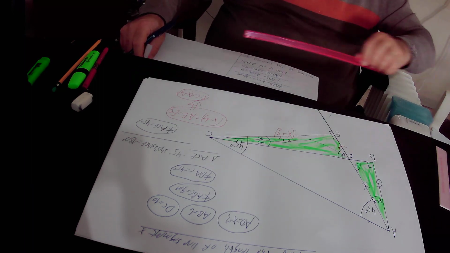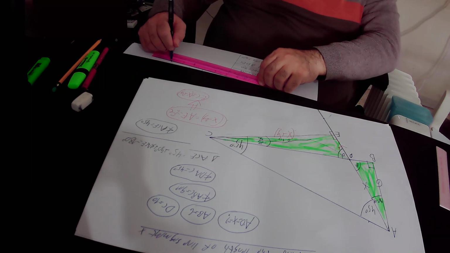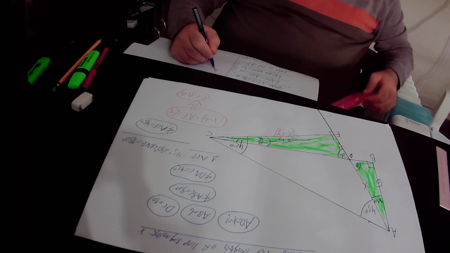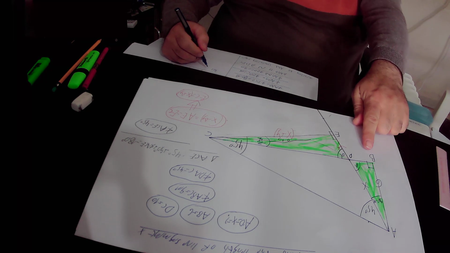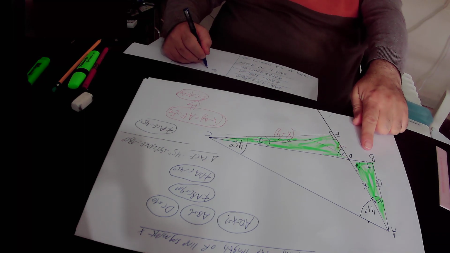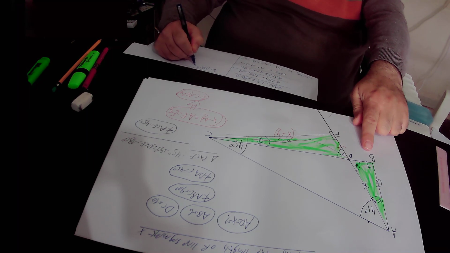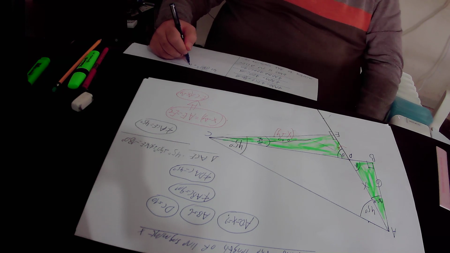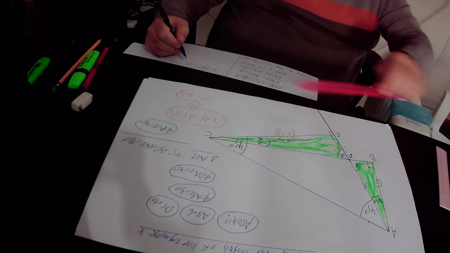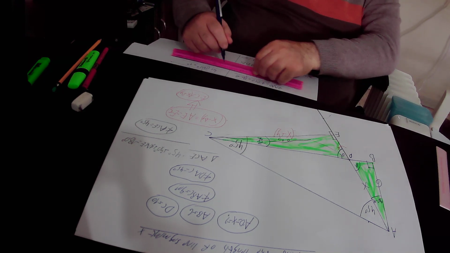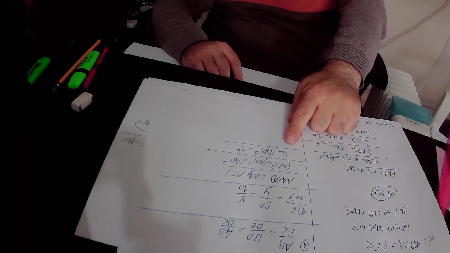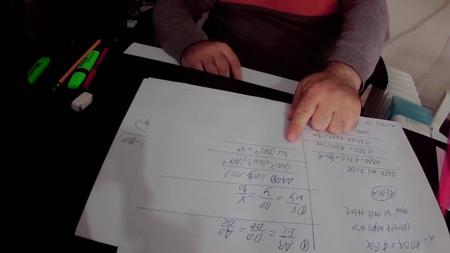AB equals 6, so AB squared is 6 squared, which is 36, plus BD squared is the missing variable, so we will leave it as it is. BD squared equals AD squared. AD is X, so AD squared is X squared. So we found that 36 plus BD squared equals X squared.